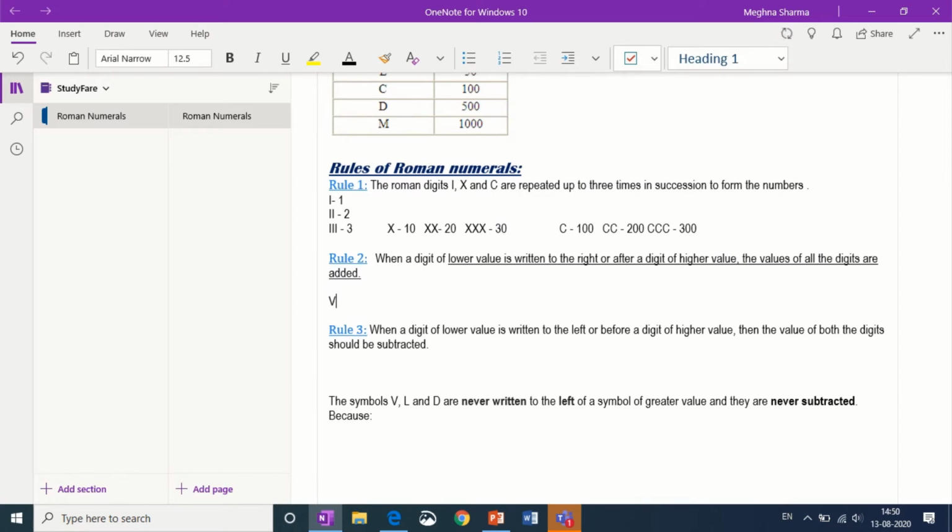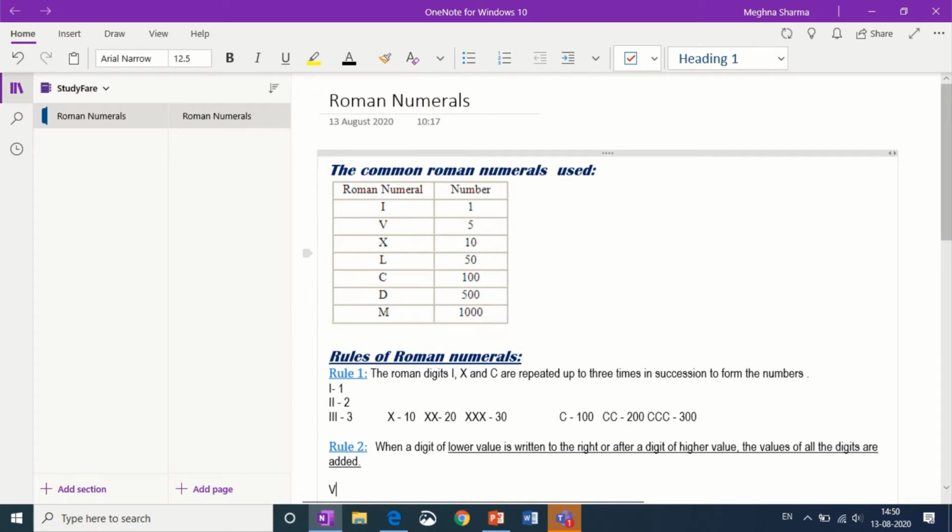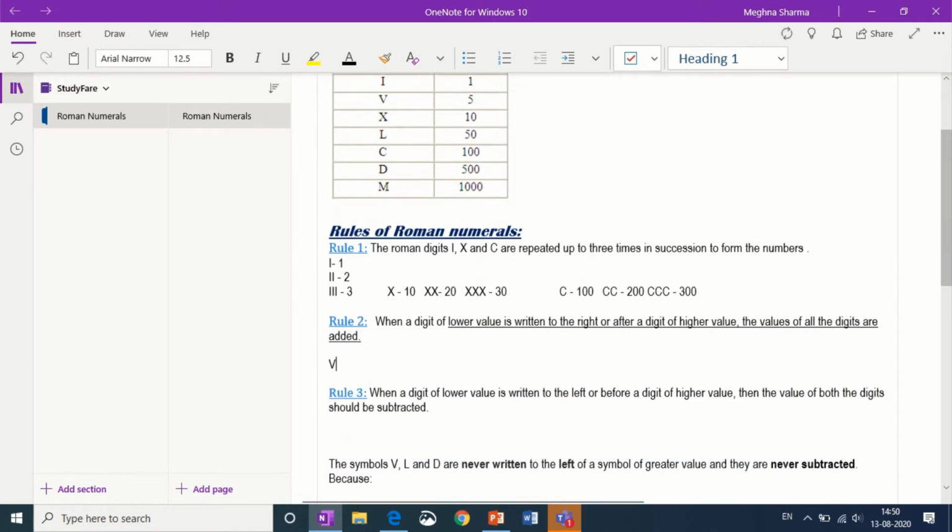Now let me take the example V. V means 5. Now V plus I is equal to V plus 1, which is equal to 5 plus 1, which is equal to 6.